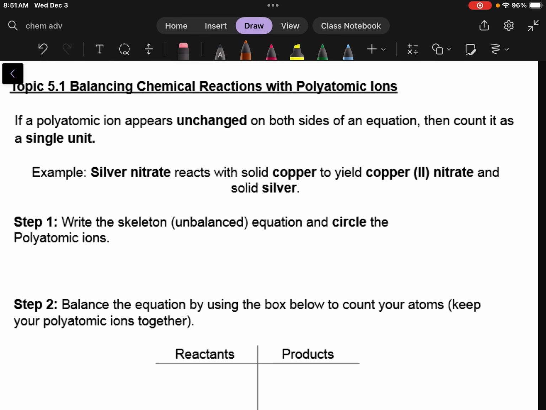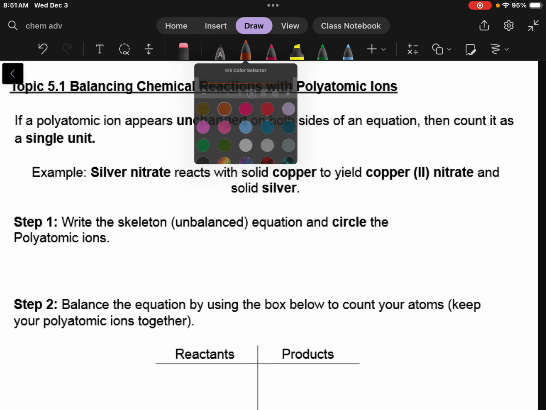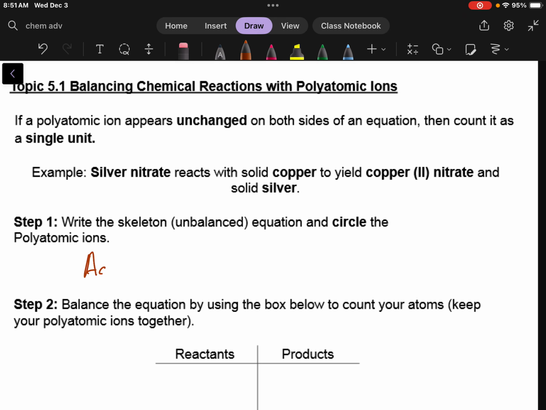So you have to write the formula first. Silver nitrate, AgNO3, plus Cu, solid Cu. Copper 2 nitrate is Cu(NO3)2, plus silver.